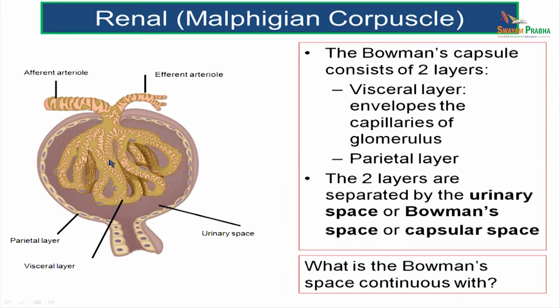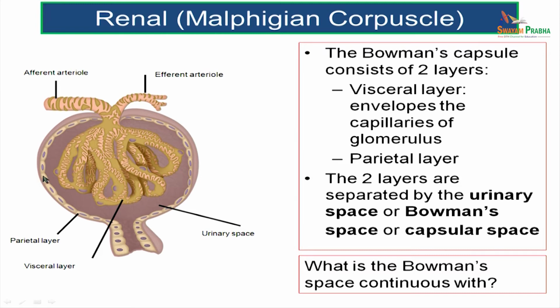So, little more details about the renal corpuscle. The Bowman's capsule has got two layers. The outer layer is the parietal layer and the inner layer which embraces or envelops the capillaries of the glomerulus is called visceral layer.